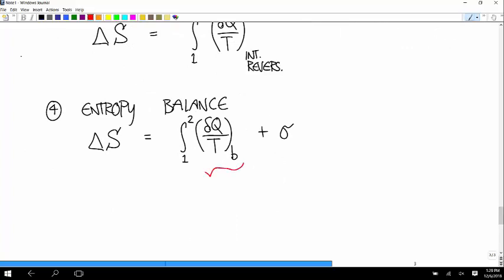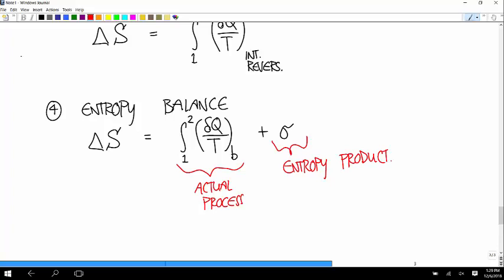And this time we're doing the integral for our actual process. And this is the entropy production, and it has to be greater than 0.